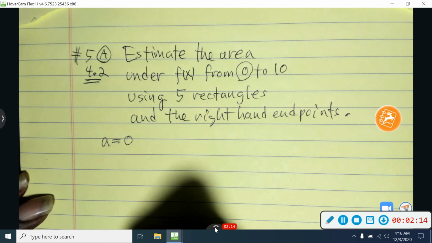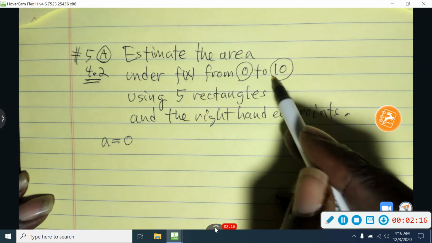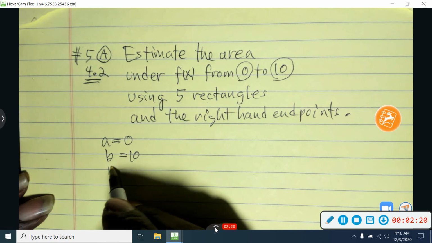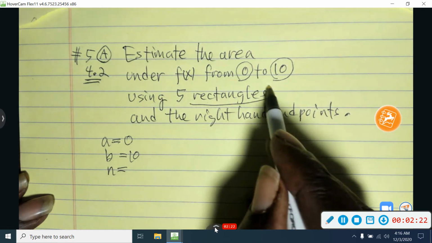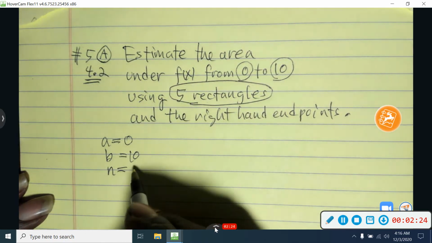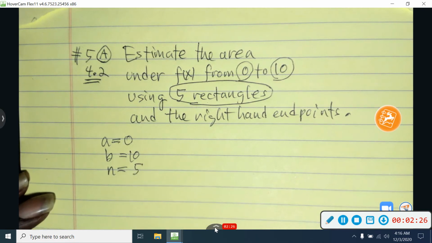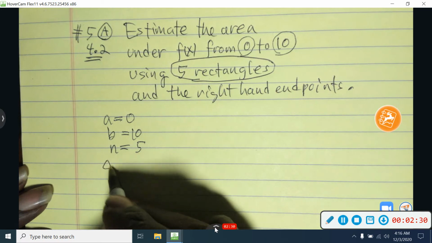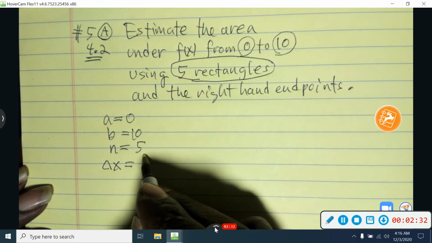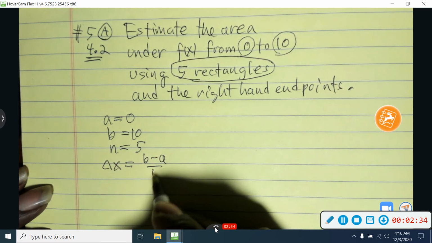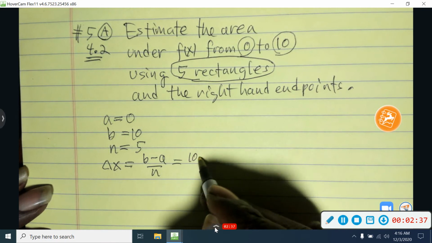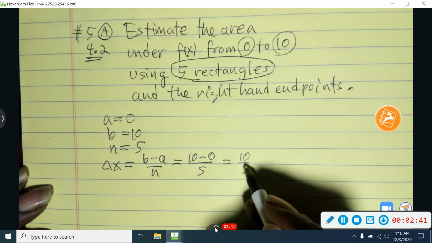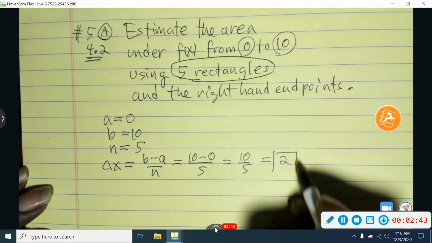Okay? b is 10. n is the number of rectangles you have, or subintervals, that's 5. The change in x, the width of each rectangle, is b minus a over n. That'll be 10 minus 0 over 5. That'll be 10 over 5 or 2. Boogaloo.